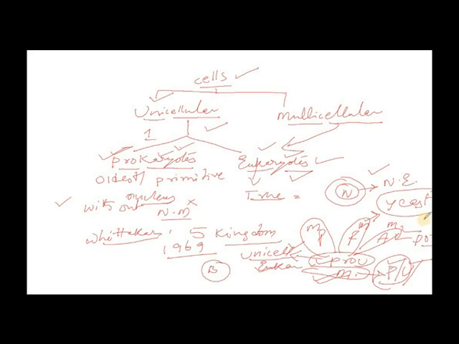Keeping tissue formation aside, Plantae, Fungi, and Animalia, all three, are multicellular and eukaryotes. Based on this knowledge, we can generalize a statement: all multicellular organisms are eukaryotes, but all eukaryotes may not be multicellular.